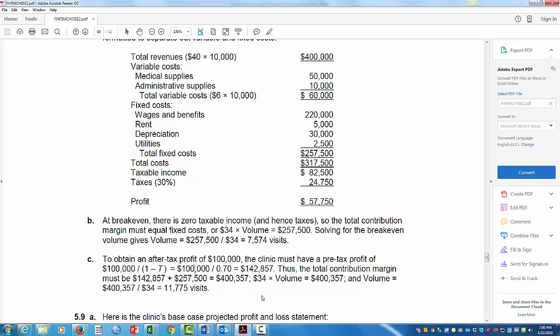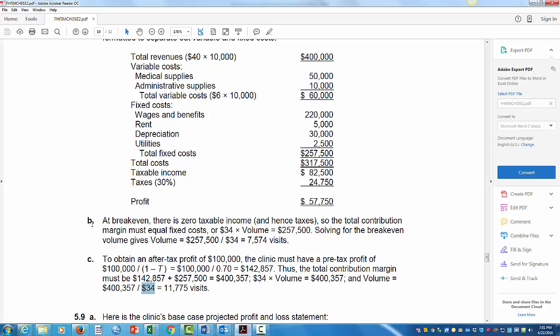If we take the target profit of $1 million, divided by one minus the tax rate of 0.7, that will give us 142,857 of additional profit needed before tax. If we add that to our fixed cost of $10 million, that will give us $10,142,857. We divide that into the contribution margin per unit of $800, and that gives us 13,000 patient days.